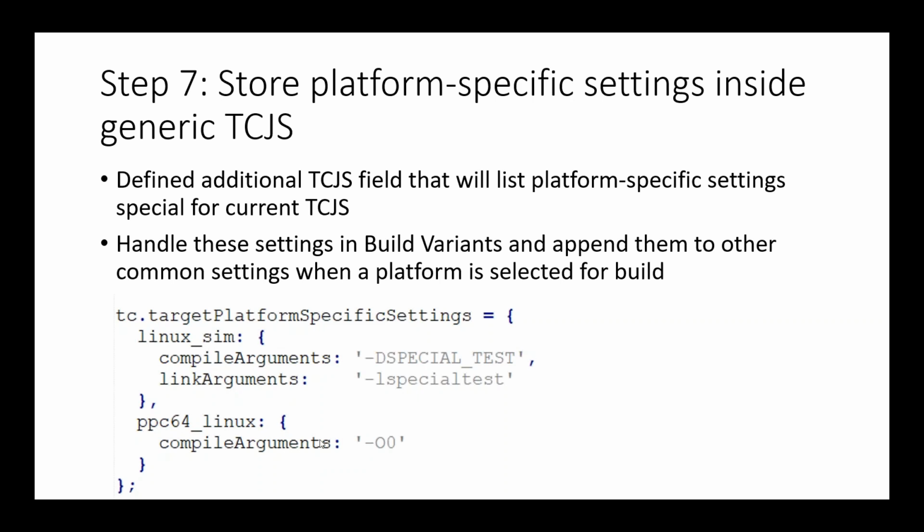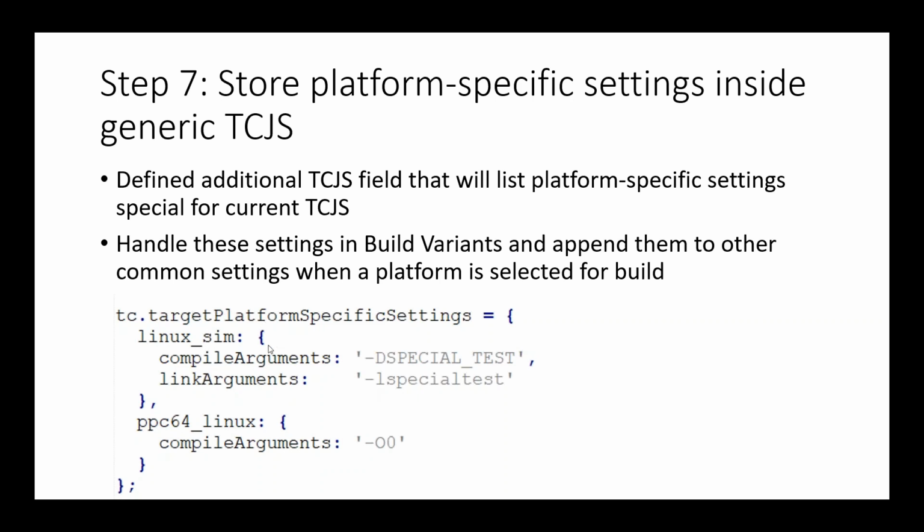This is one of the examples where you need to have it in your TCJS and not in the build variant. So this declarative approach is supported by our TCJS editor, and it does not break anything. So we have tested that it is working quite well.